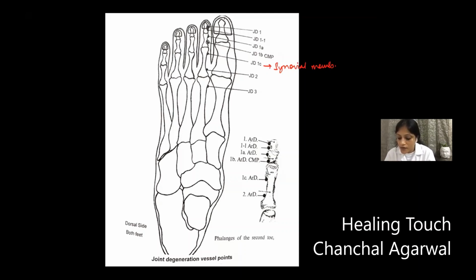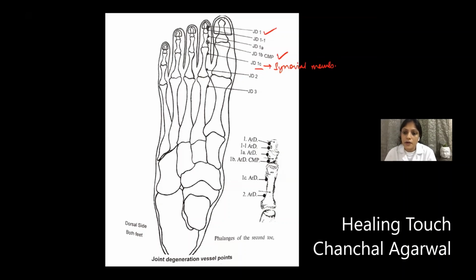So JD में 1, 1A, 1B, 1C, बस इतने ही पॉइंट है ना. उसमें से भी आपको क्या यूज करना है, JD का 1 तो लोअर पार्ट में है तो JD1 इज मस्ट, because it is covering almost all the lower part of the body or all the joints of lower part of the body. JD1B is very important because it is a CMP, you have to choose it. And JD1C if synovial joint is affected, खासकर synovial joint में अगर प्रॉब्लम है तो JD1C तो आपको लेना ही चाहिए, है ना. 3 पॉइंट तो ऐसे ही हो गए. Now you come to JD2.